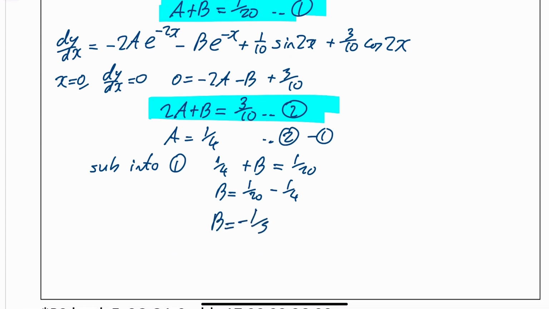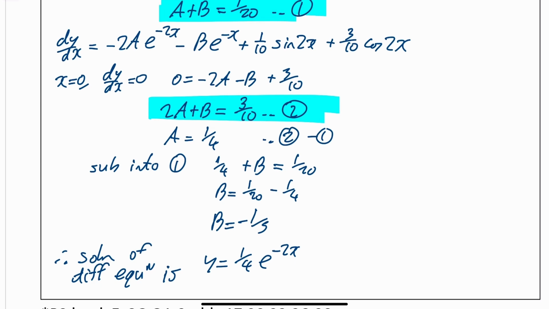So your whole thing, therefore, your solution of the differential equation is y is equal to 1 quarter e to the minus 2x minus 1/5 e to the minus x, and then you had minus 1 over 20 cos of 2x, and then plus 3 over 20 sine of 2x. And that is us done.